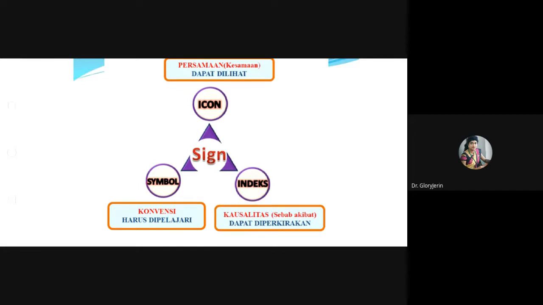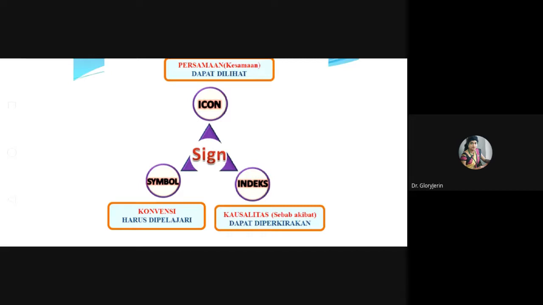You can see similarity in the ancient bottle. We can see similarity to a fat man, the figure of a fat man can represent similarity in the shape of the bottle. The shape of the bottle also looks like, a similarity we can see in the figure of a fat man. So that's iconic.